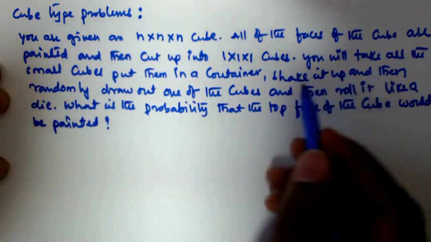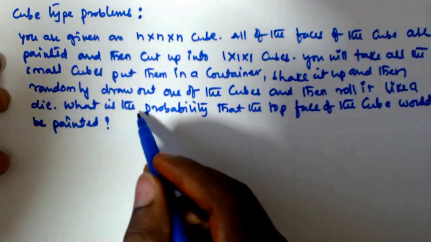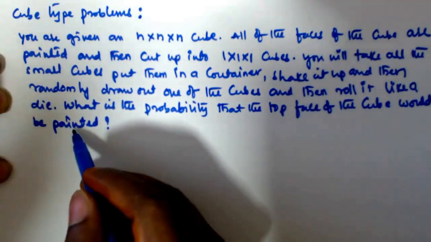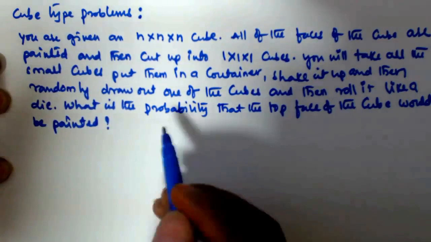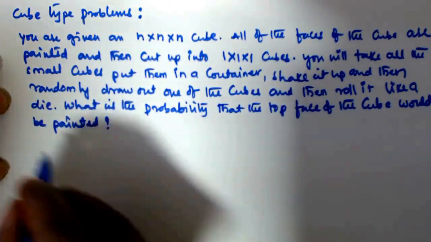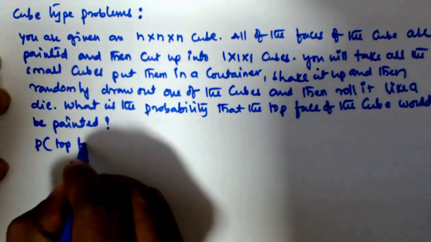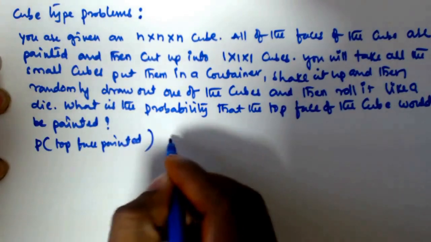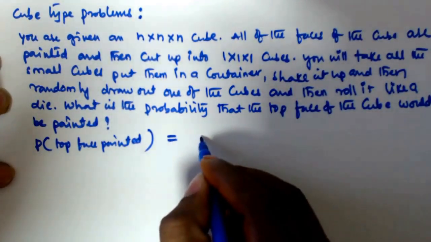Then shake it up, and randomly you select one cube from the container, and then you roll it like a die. Then we have to find the probability of the top face of the cube being painted, and this probability of top face painted is given by this formula.